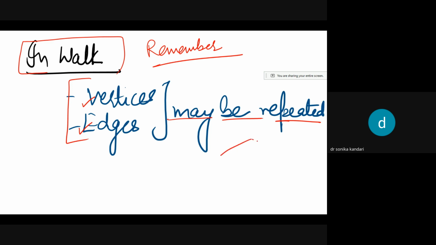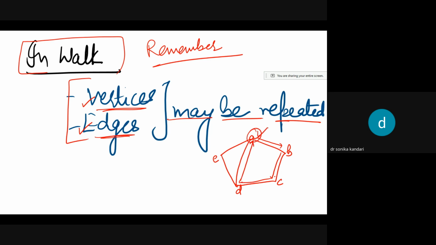For example, this is our graph. It has vertices A, B, C, D, E. So what we are saying is that vertices or edges may be repeated. You can start from here.